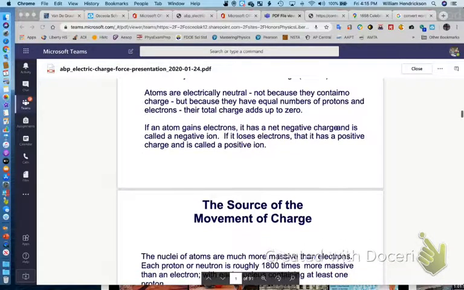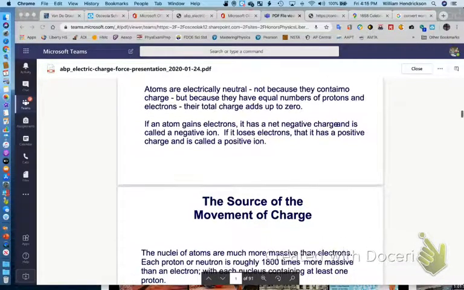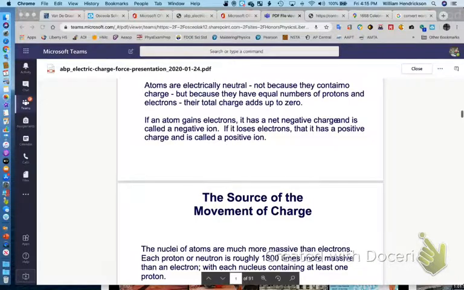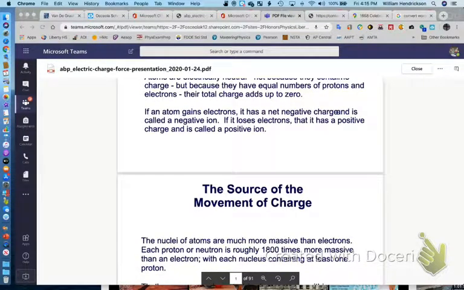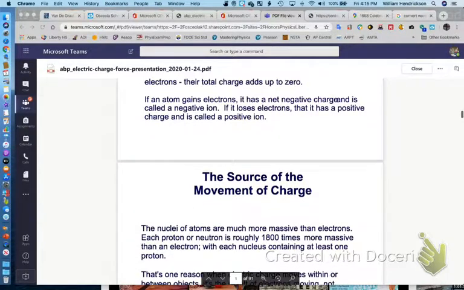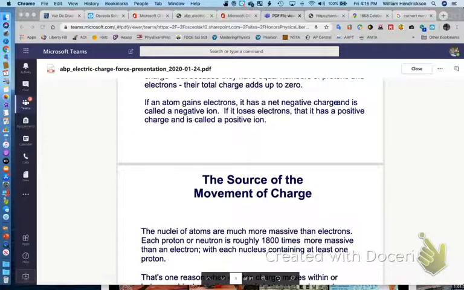If it loses electrons, it has a positive charge, and it's called a positive ion. Now, what does that mean? If it's a negative ion, that means it has more electrons than it does protons. If it has a positive charge, then it has more protons than it does electrons.